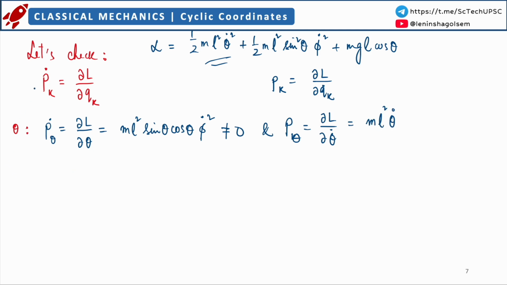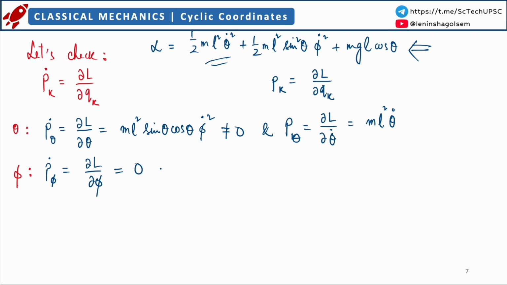Similarly for phi, del L over del phi: as we can see in the expression of the Lagrangian, there is no explicit appearance of phi, so this gives us 0.